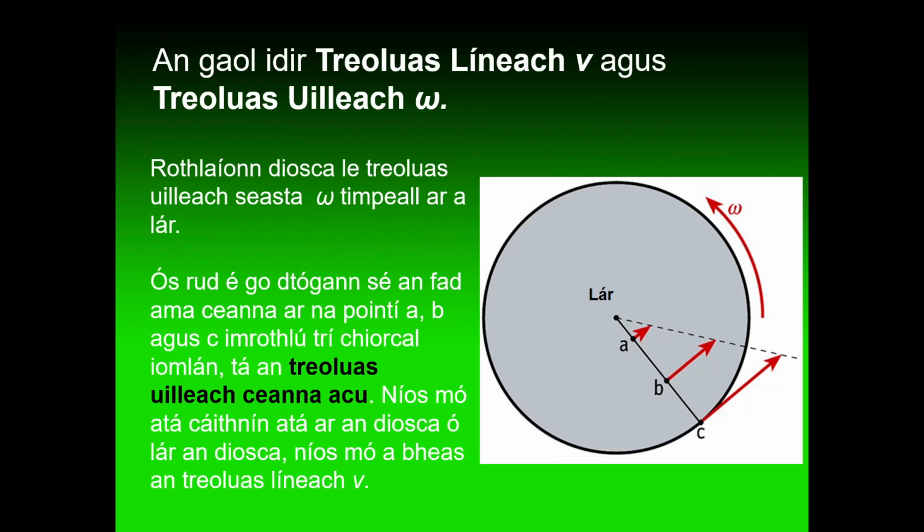Linear velocity is a vector, so it has direction, and it is displacement over time. So this gets us the relationship between linear velocity v and angular velocity omega.